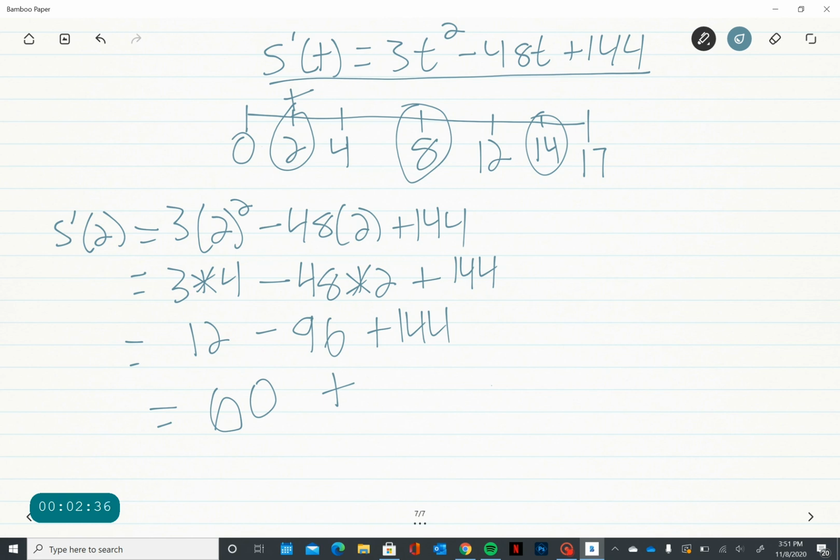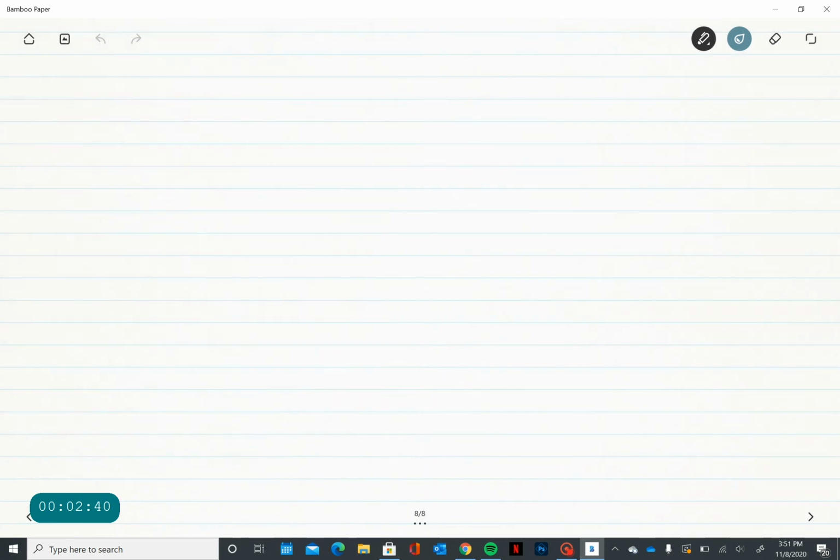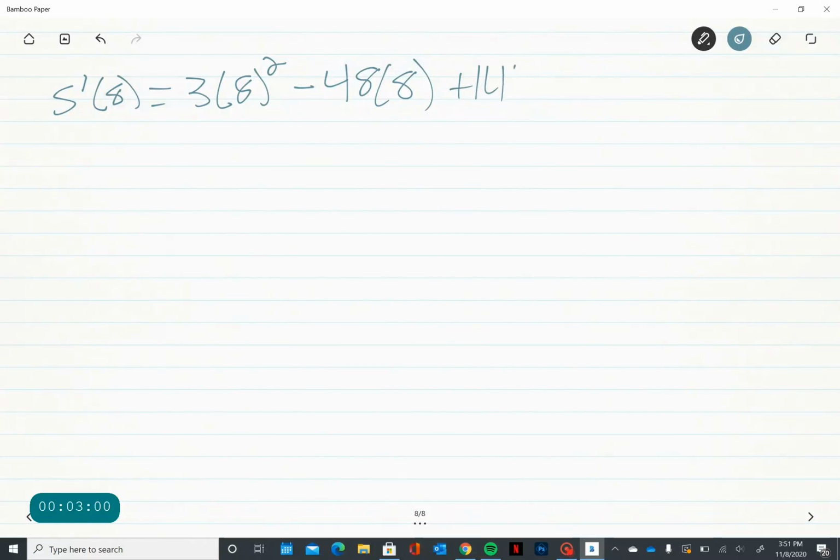And now we can try the same thing for 8. Let me grab another page. s prime of 8, plug it into our equation. 3 times 8 squared minus 48 times 8 plus 144. Okay, simplify.